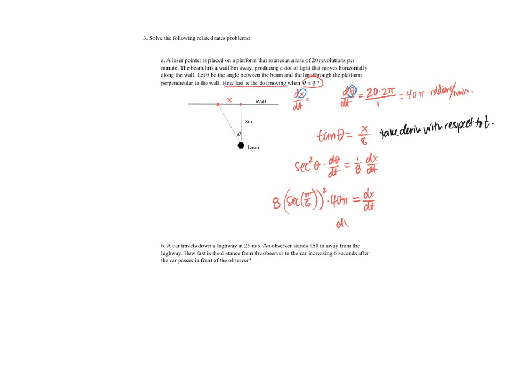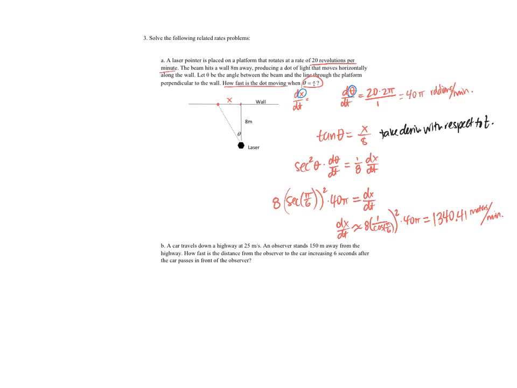So dx dt is approximately, when I type this in my calculator, 8 times 1 over cosine of pi over 6, that whole thing squared, times 40 pi. I get 1,340.41, and the units are meters per minute, since x was measured in meters and t in minutes, because the revolutions were given per minute.